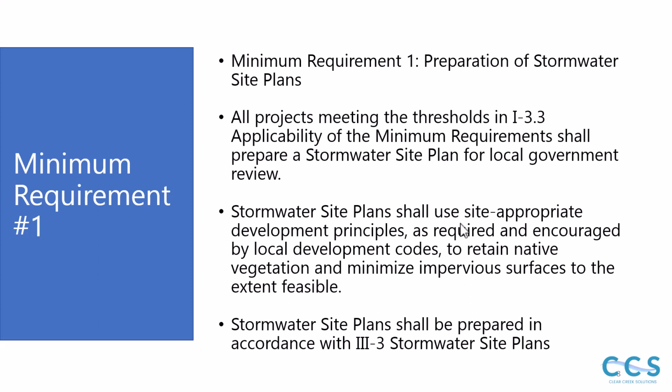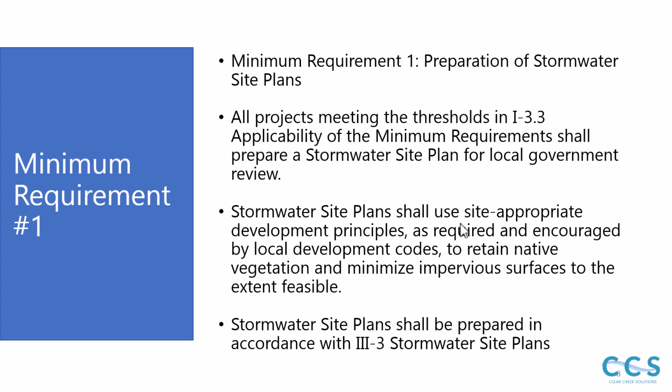The stormwater site plans shall use site-appropriate development principles as required and encouraged by local codes to retain the native vegetation and minimize impervious surfaces to the extent that's feasible. So we want to keep the amount of impervious surfaces that we're adding to the site and the removal of native vegetation to a minimum, but still make it economical for the development of the site, because that's going to help preserve pre-existing conditions and support the water quality of the region.